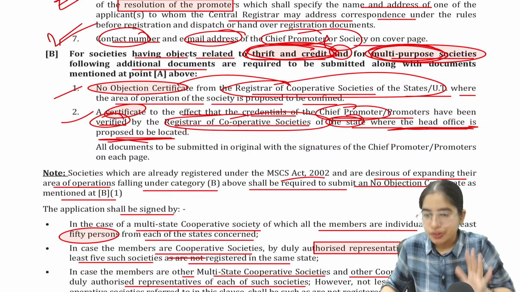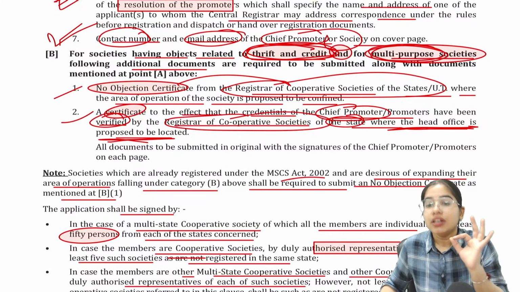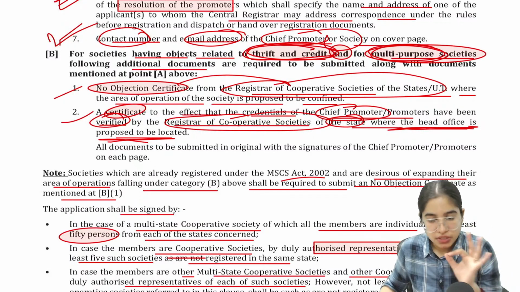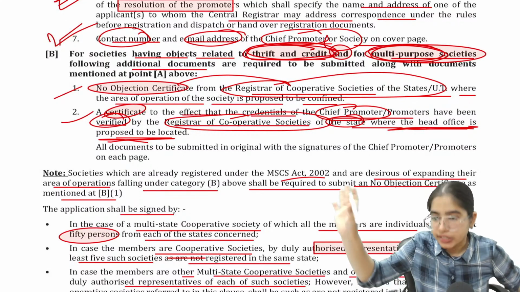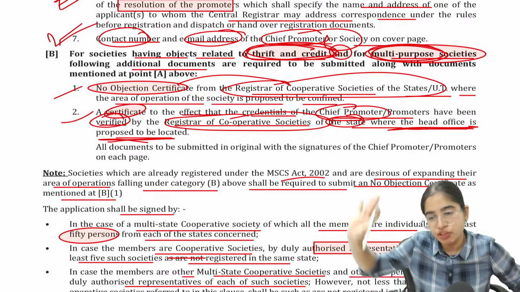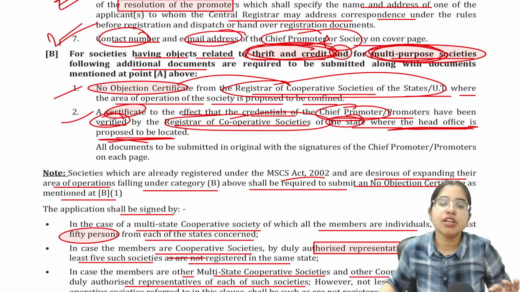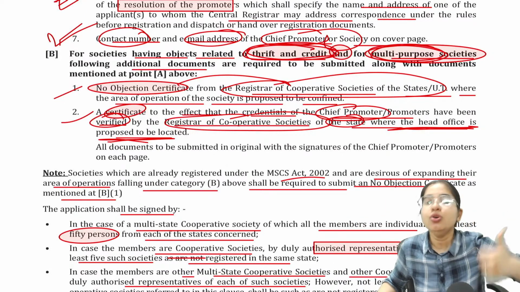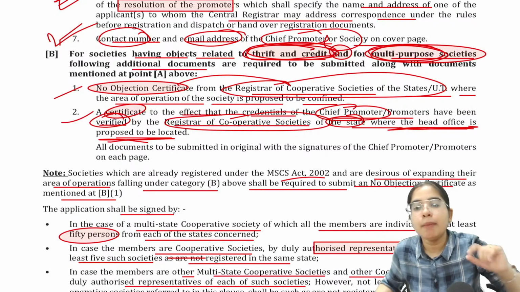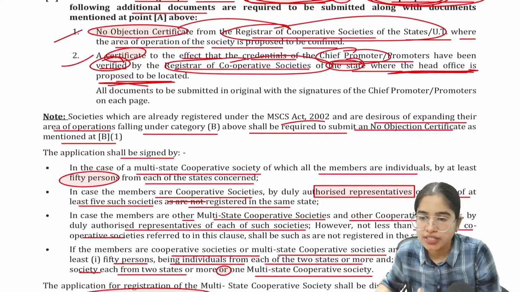You have to get a certificate about the credentials, which means a certificate certifying the details about the chief promoter of the multi-state cooperative society, and you have to get it verified, which means signed, by the Registrar of Cooperative Societies of that state.